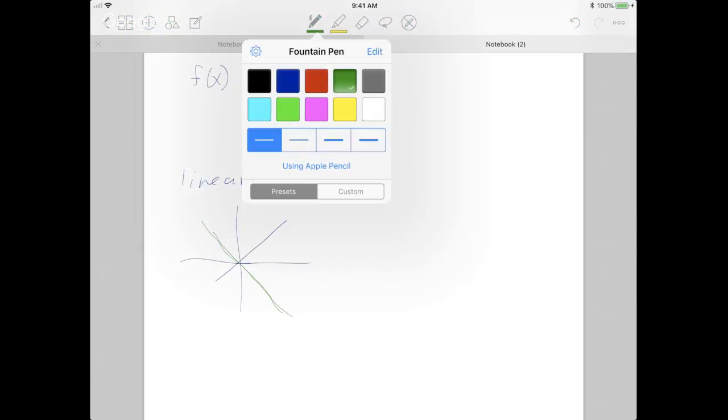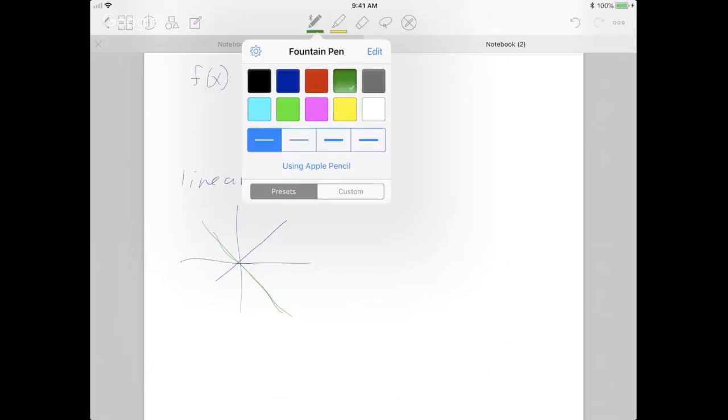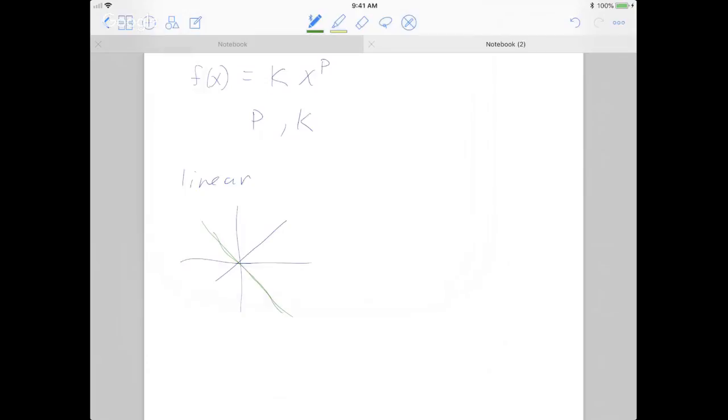So this is like m greater than 0. Here we have m less than 0 for decreasing.